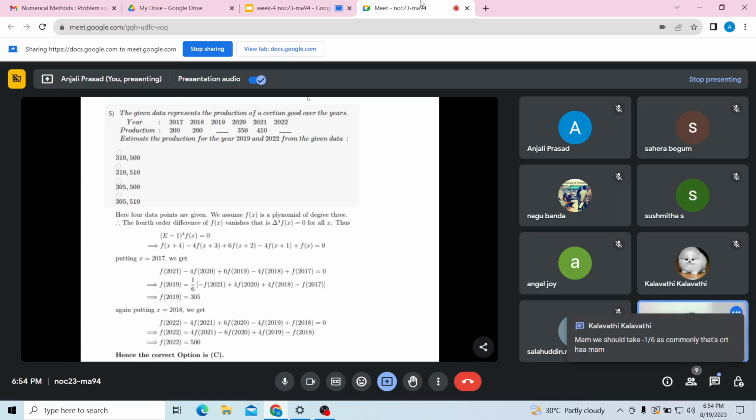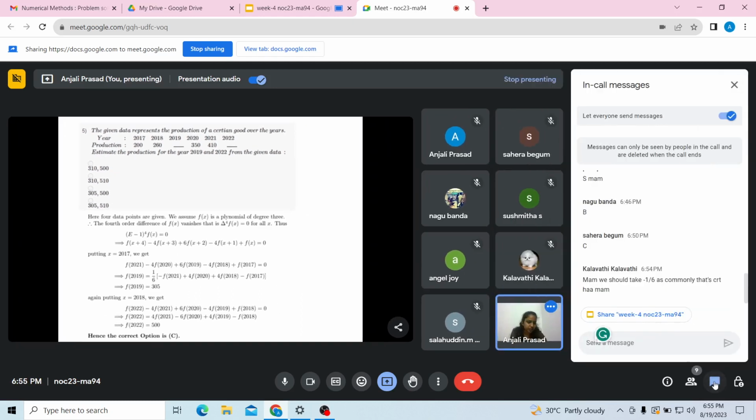Then you have to calculate the production in the year 2022. For that, you can take any of the 4 points, but as you can see, you should take minus 1 by 6 as commonly, that... I'm not getting what your question is.